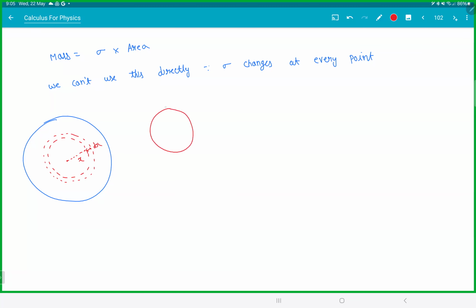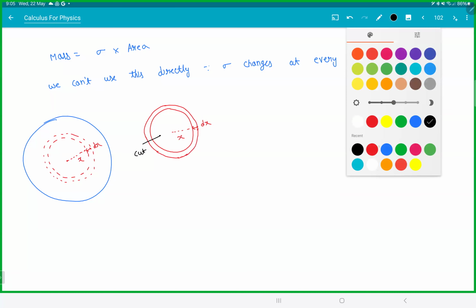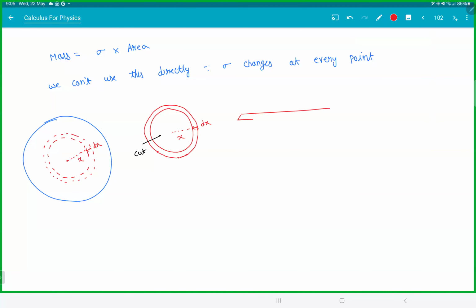So now we have a thin ring. If I cut open this, we will get this thing where this is 2 pi x, the length, and this is dx.